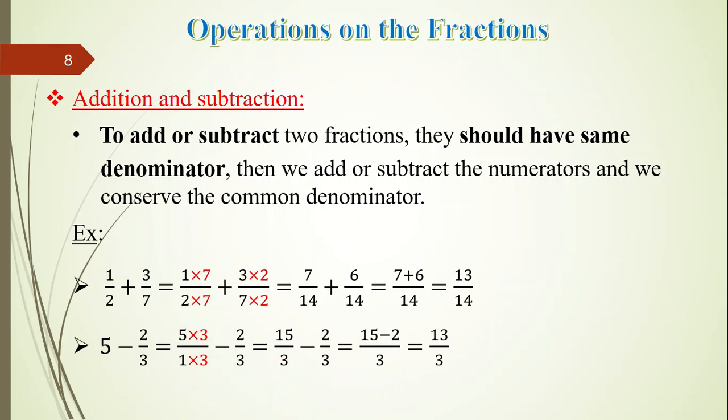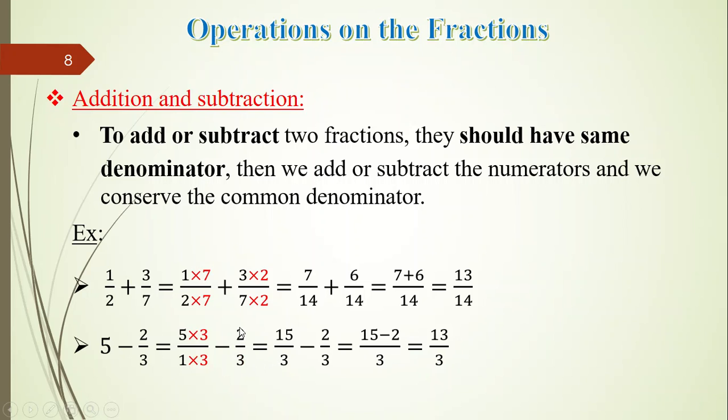Okay? If we have 5 minus 2 over 3, instead of 5 we can write 5 over 1. Okay? 5 over 1 minus 2 over 3. To have a common denominator, we have to multiply 1 by 3 and 5 by 3. 5 times 3 is equal to 15. 1 multiplied by 3 is equal to 3.